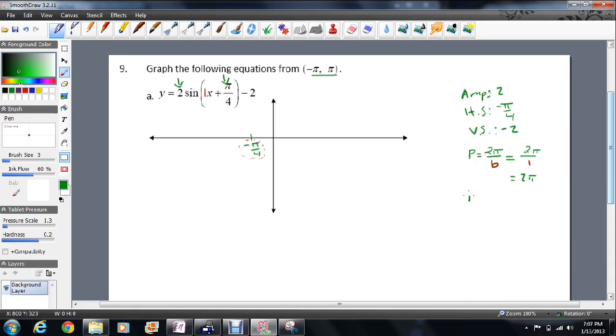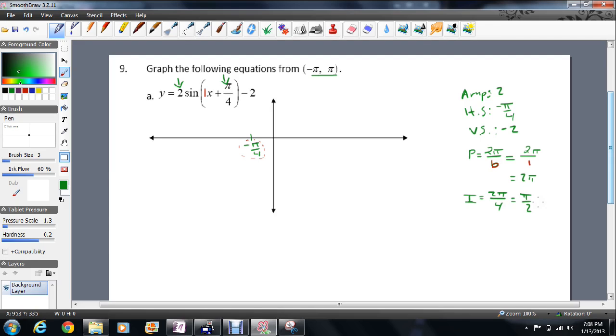If I break that into 4 equal pieces, that means just to divide by 4. 2 pi divided by 4, that's going to give us pi halves, or pi over 2. So this interval here is going to be our spacing. So each amount in between the tick marks is going to be pi over 2 units. That's approximately 1.57 units in between.